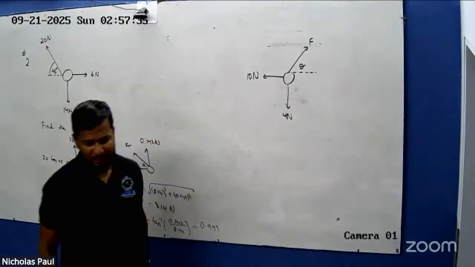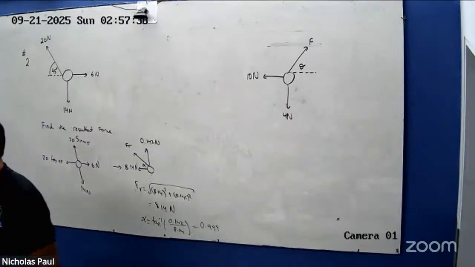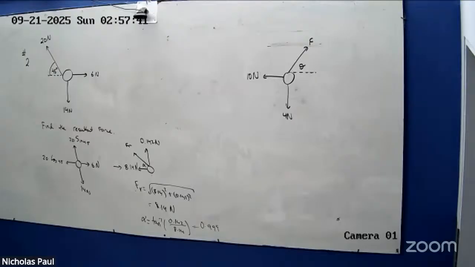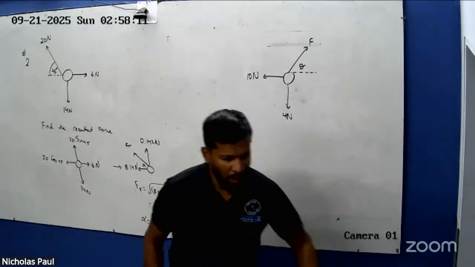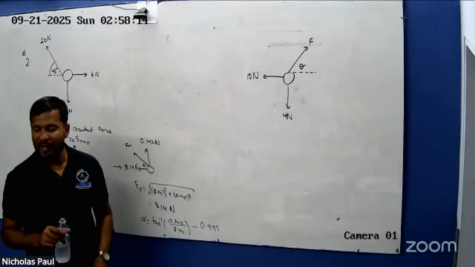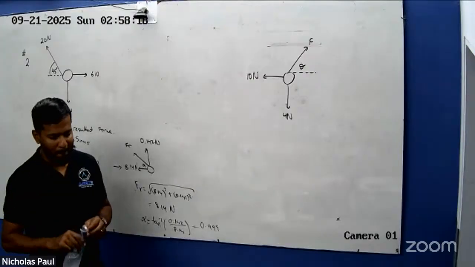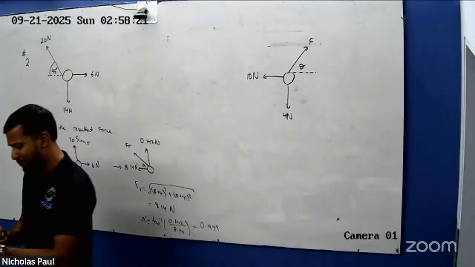Alright, let's try this. Example one. Given that the following system is in equilibrium, find the value of F and the value of theta.